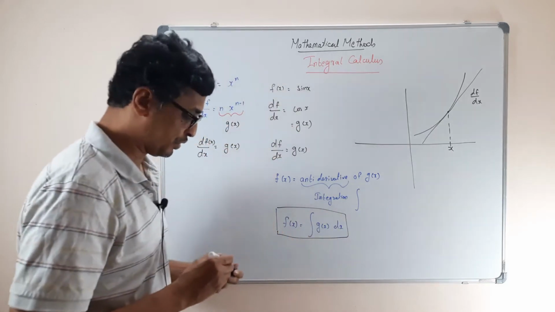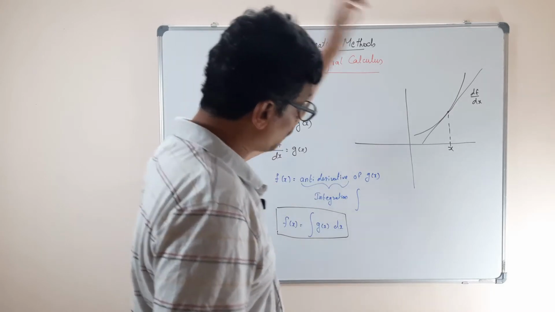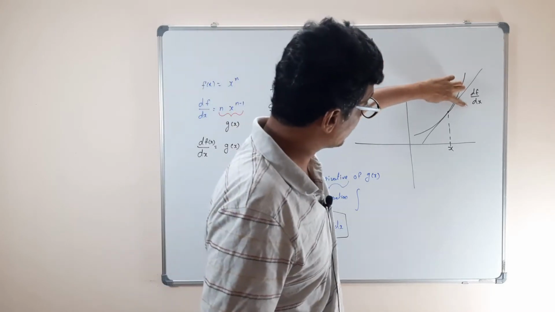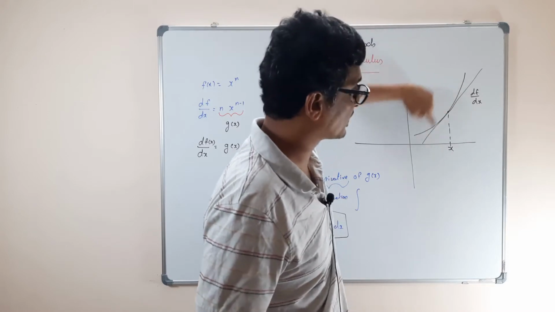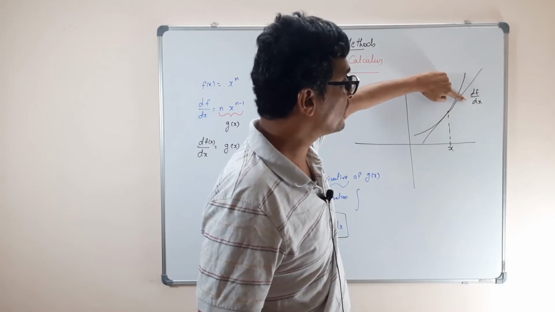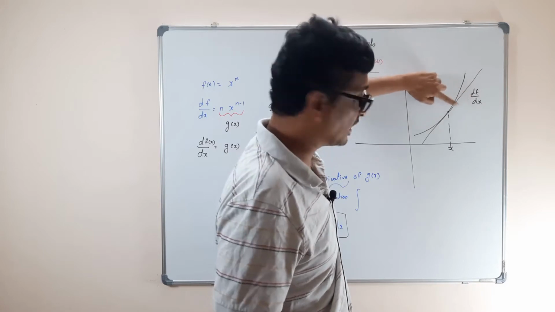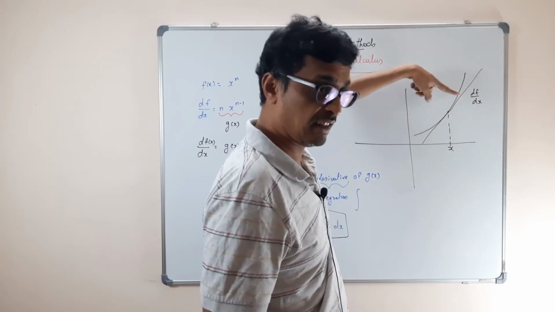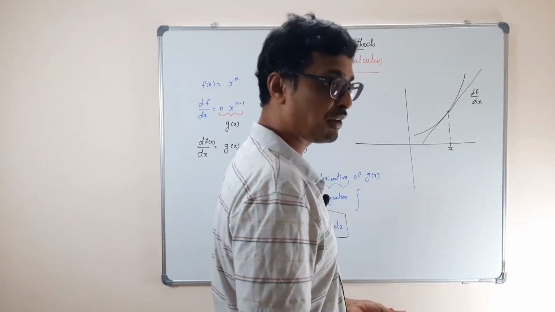When you see it from the plot, df by dx is nothing but the slope of the tangent drawn at x. Now the question I am asking is, if I give you the slope of the tangent drawn at x, what should be your function f of x? You got what I am saying?